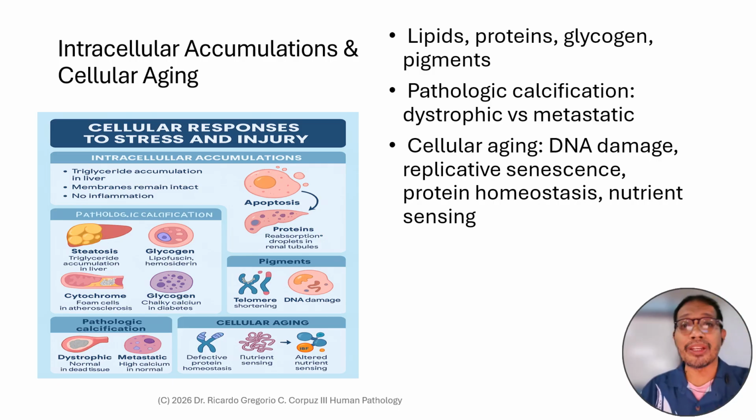Together, these processes, intracellular accumulation, calcification, and the molecular mechanisms of aging, represent the long-term consequence of stress and injury. They remind us pathology is not only about acute events like necrosis or apoptosis, but also about slow, cumulative changes that shape tissue function over a lifetime.